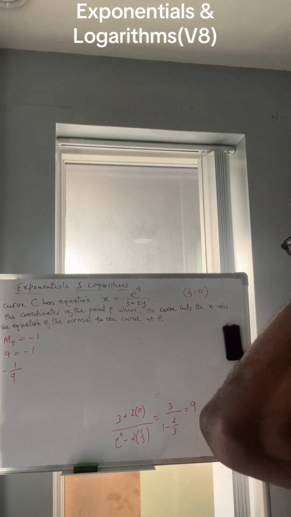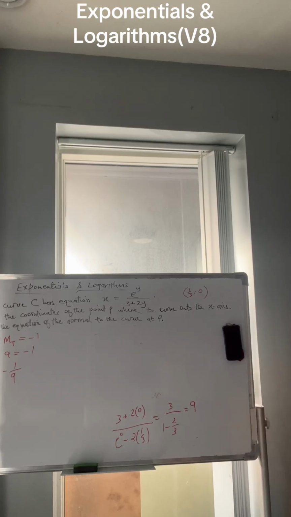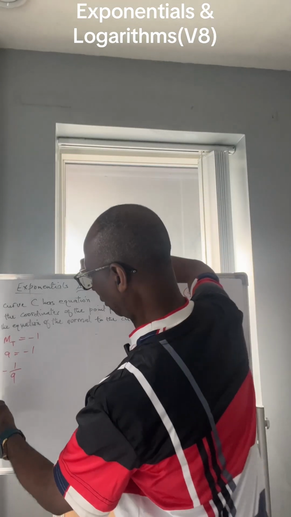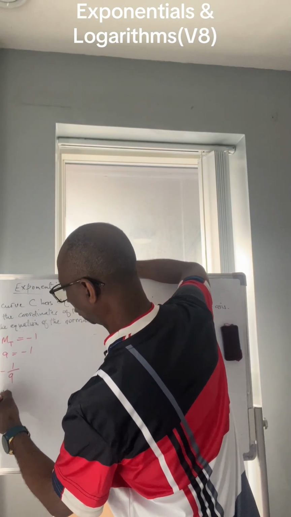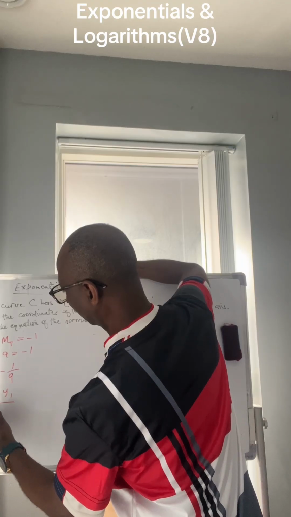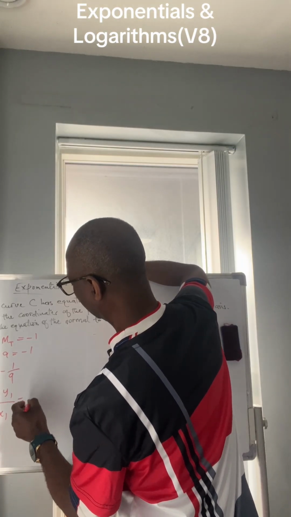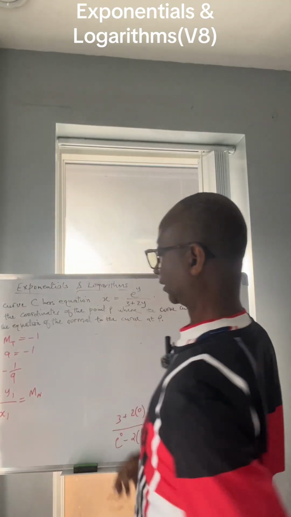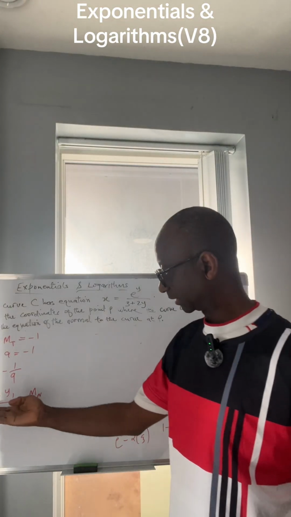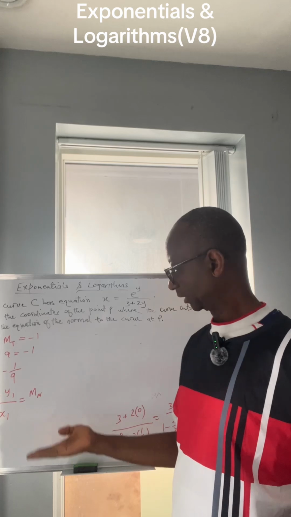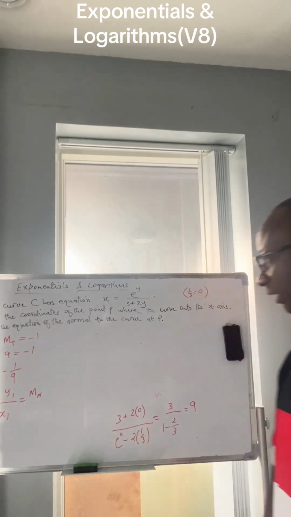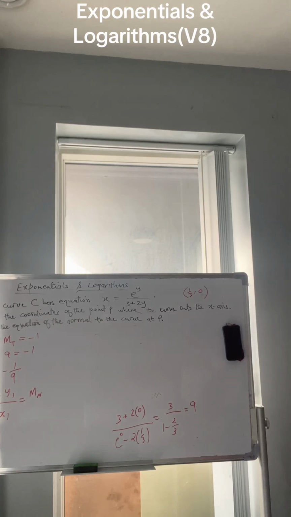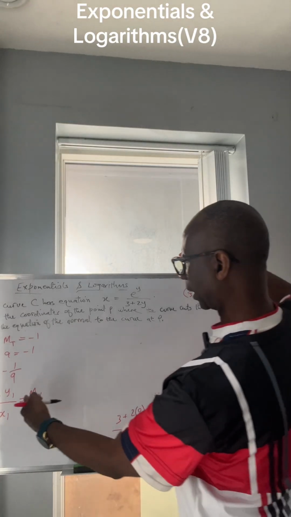So now we're asked to find the equation of the normal to the curve. We know the gradient now. We need the equation. So the equation will have y minus y1 all over x minus x1 equals the gradient, because this is rise over run, which gives us the gradient of a curve. So we know what y1 is.